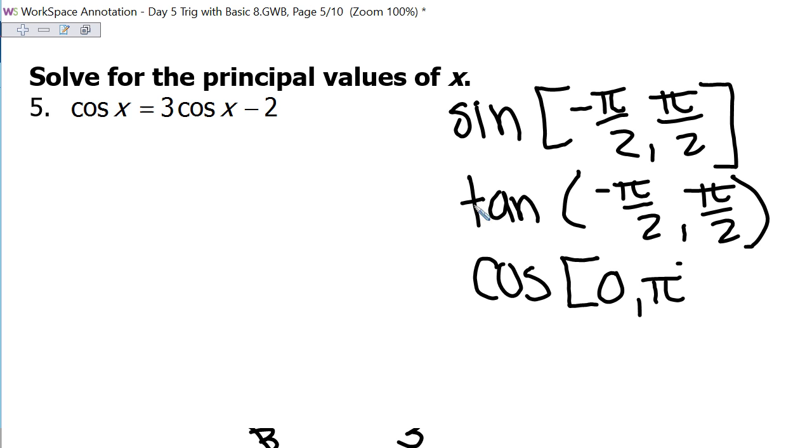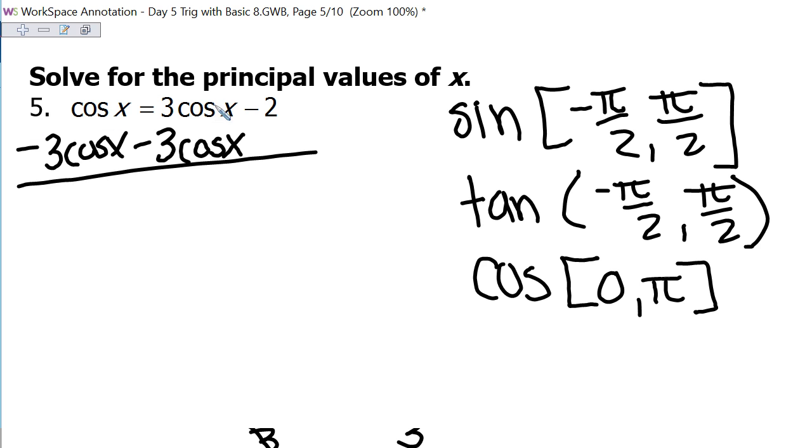So number 5, I see a cosine and a cosine. So I like that because it's the same. So get them to the same side. So I'm going to subtract 3 cosine of x to both sides. So cosine of x minus 3 cosine of x would be negative 2 cosine of x, and that equals negative 2.